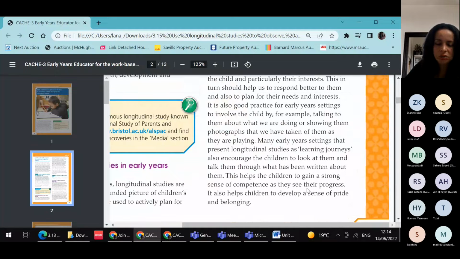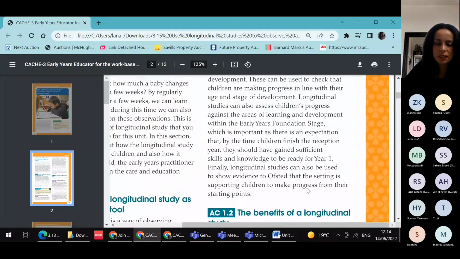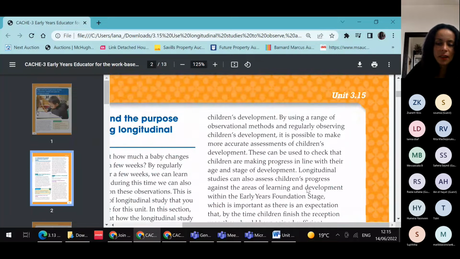So we need to study our planned activities and children's development over a period of time, by using a range of observations and monitoring methods.